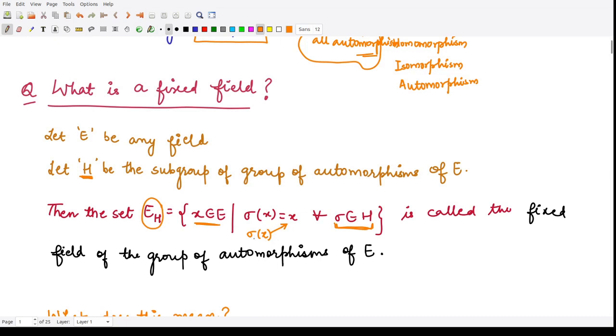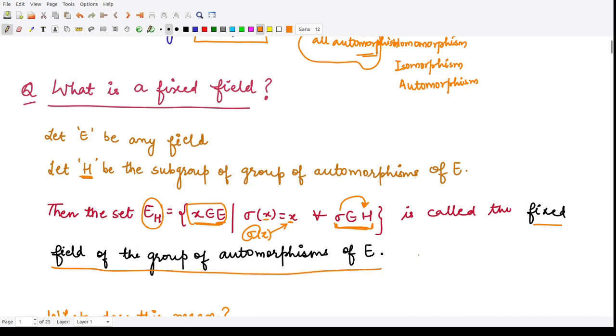That means the mapping sigma is not changing this particular element x. It is keeping this element fixed. The element x comes from the extension field E, and the mapping sigma comes from the subgroup of the group of automorphisms. When this happens, the collection of all the elements which are kept fixed under such mappings is known as the fixed field of the group of automorphisms of E.